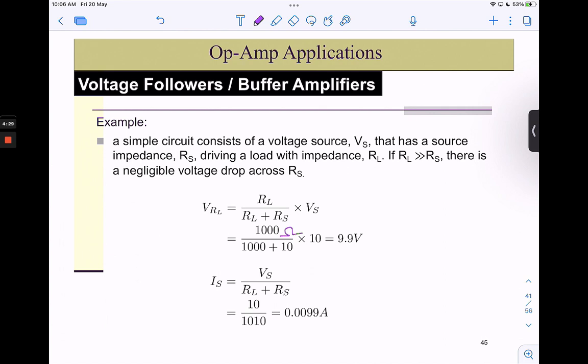Okay, so when we calculate, we can see that the voltage drop at the load is 9.9 volt, and the current supplied, V equals IR, so I equals V over R, where R is the summation of impedances RL and Rs.